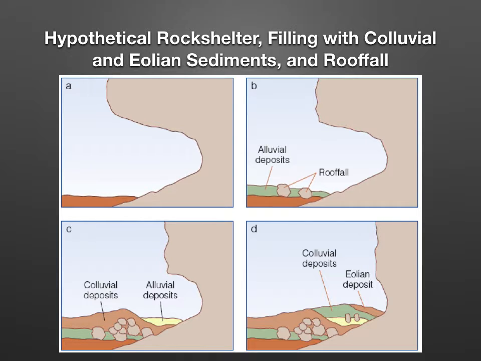This is just a model of a hypothetical rock shelter filling with colluvial and Aeolian sediments and rooffall and alluvium. You can see, though, that the stratigraphy is all of a sudden quite complicated. In an absolute sense, you have colluvium that is higher in elevation than, or you could almost have a reverse stratigraphy.